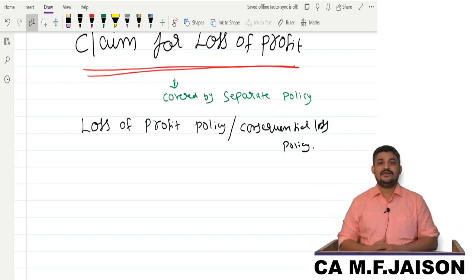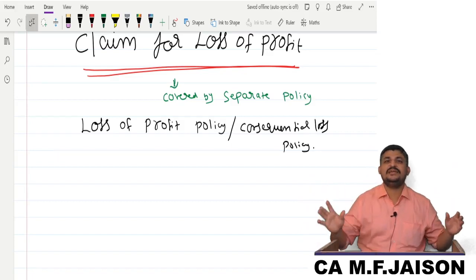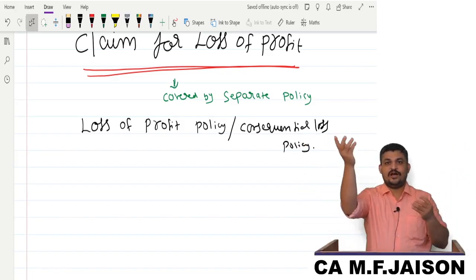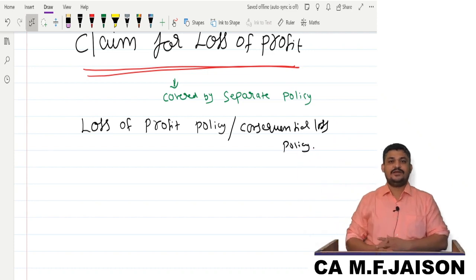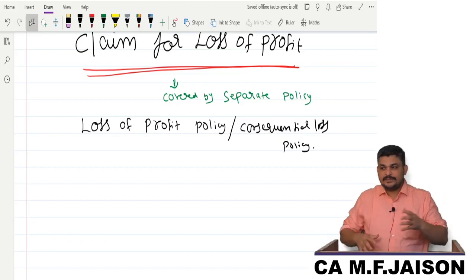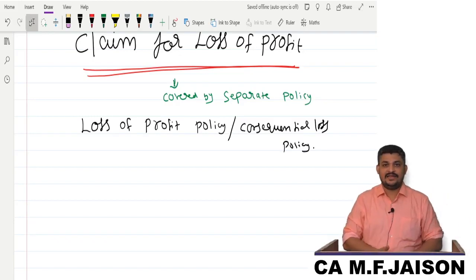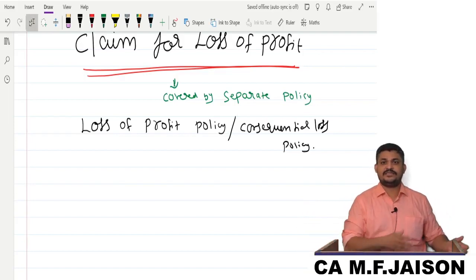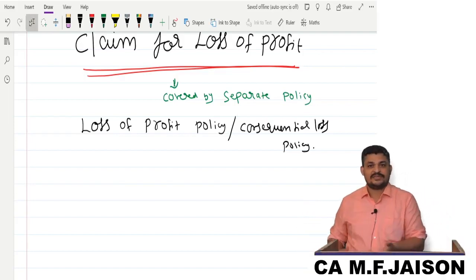Everything was saved, but the building got heavily damaged. Suppose a very big building, like Joyalukkas, big jewelry shops. Suppose it has a fire accident. Next day, they can't sell all those jewelry on the platform saying this is 1 lakh, 2 lakhs. Like that, they can't sell.